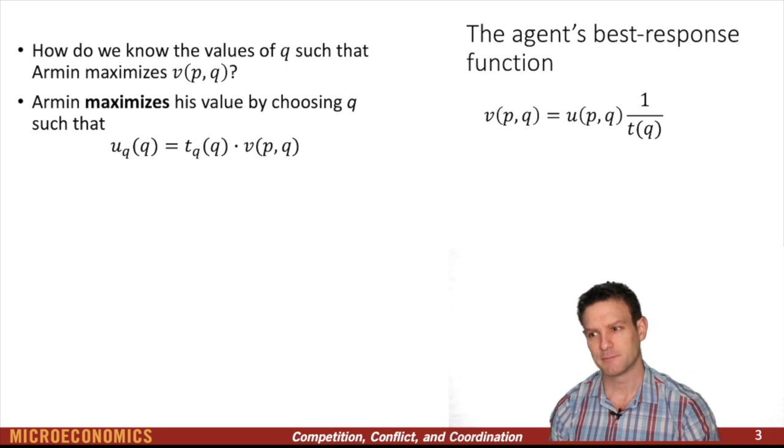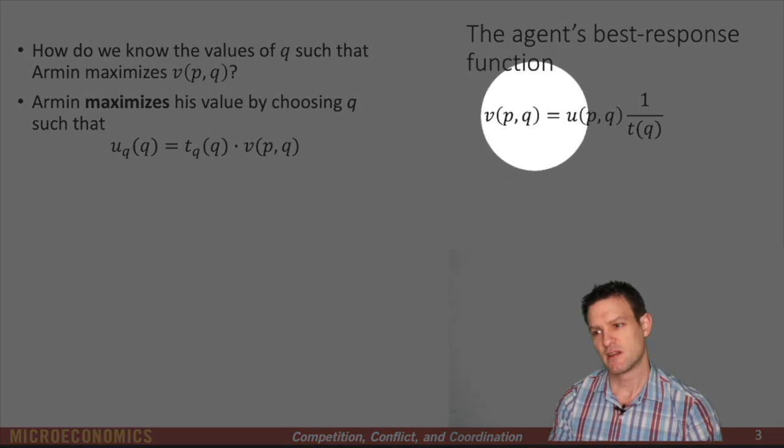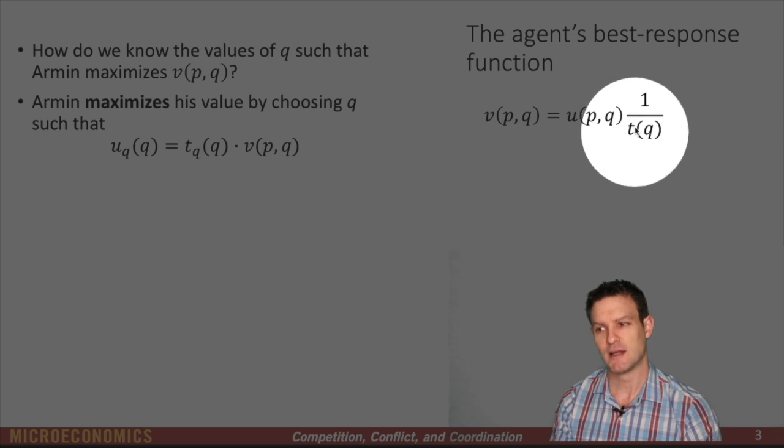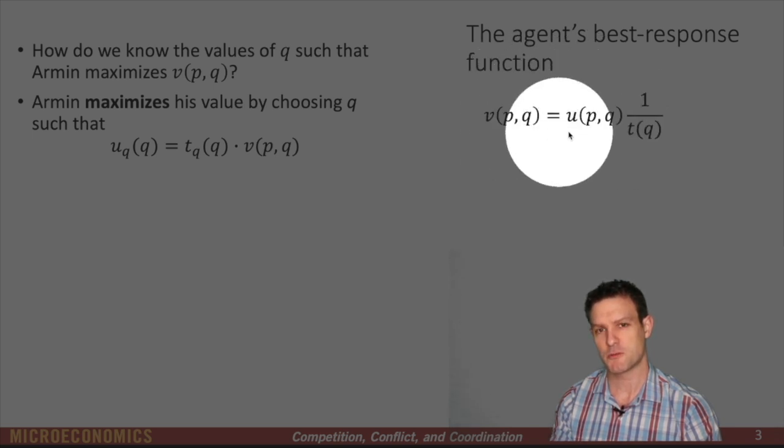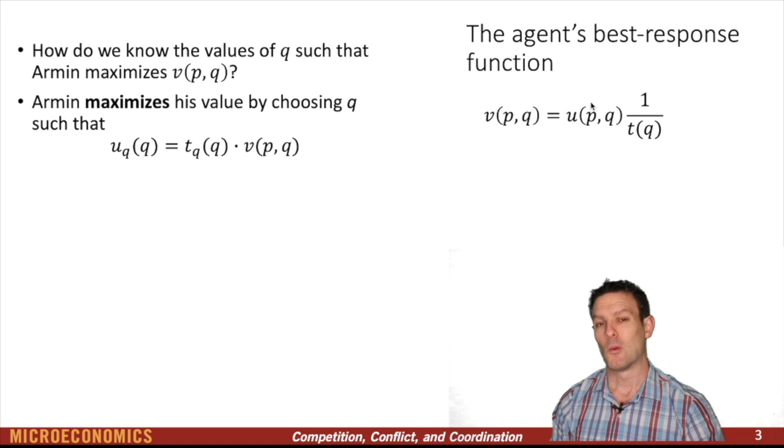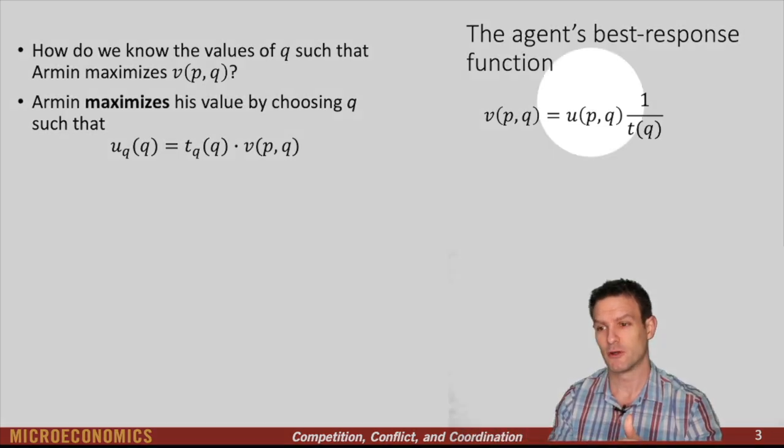So what's happening here? If we differentiate the function on the side here, V(P,Q) equal to U(P,Q) times 1 over T(Q), we take that whole thing and we differentiate it with respect to Q. What happens then is we're going to get the result that we have over here.